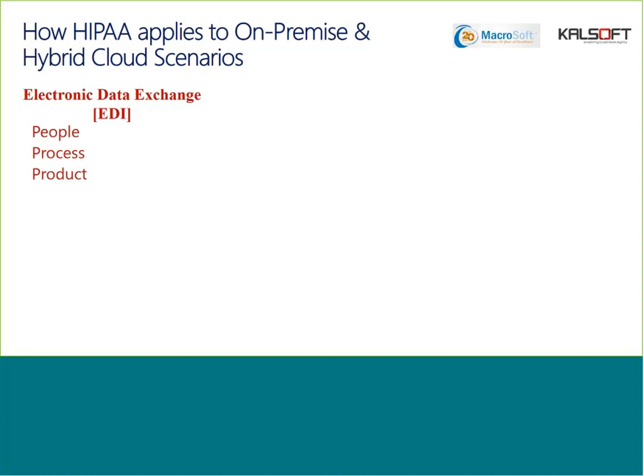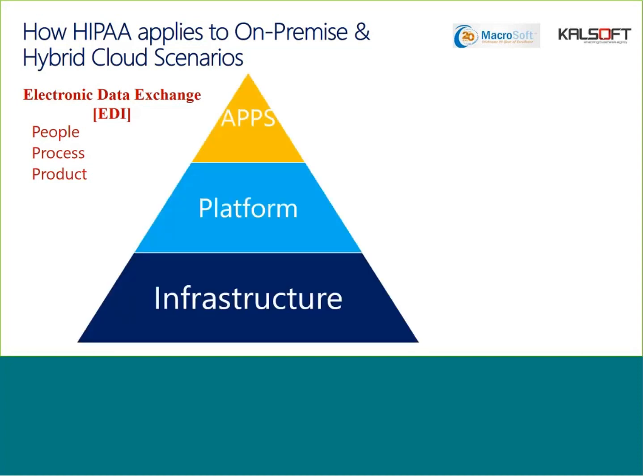With that, I would like to share what I call a pyramid approach to how HIPAA applies. I will start with infrastructure. I give more weightage to infrastructure because most of the time, the core cause of breaches has been identified at the infrastructure level, where it was either not properly configured or not properly updated, or there were loopholes.